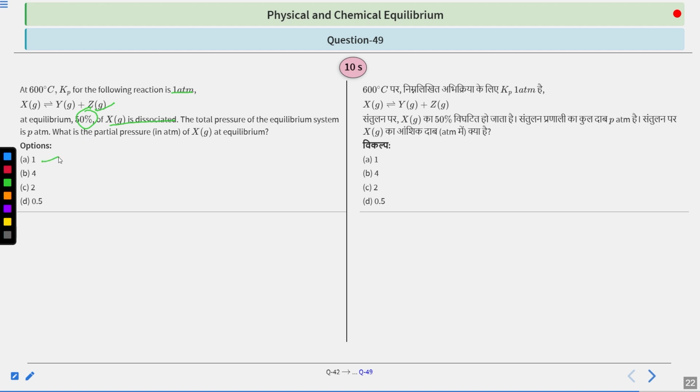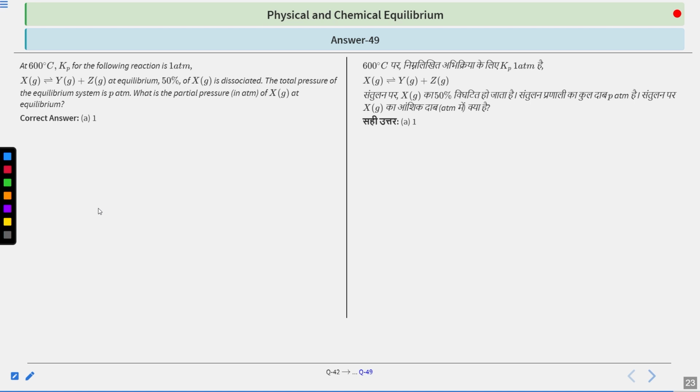Options are A 1, B 4, C 2, and D 0.5. So, time to solve this question starts now. Your time is up. For those who have solved it, the correct answer is A, 1.